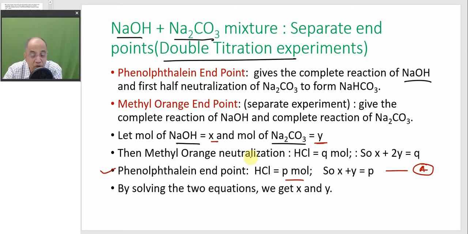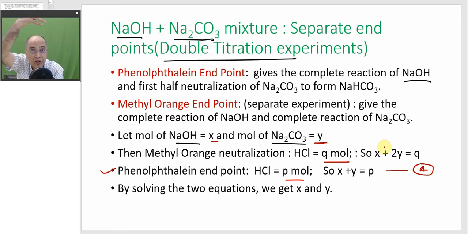And then you do a separate experiment with methyl orange. Then you find, supposing the HCl millimoles or moles required is Q. So here all sodium hydroxide, once again X, and 2 times the moles of sodium carbonate, because you know that in the first step, supposing Y, the second step also Y. So it will be 2Y for complete neutralization.